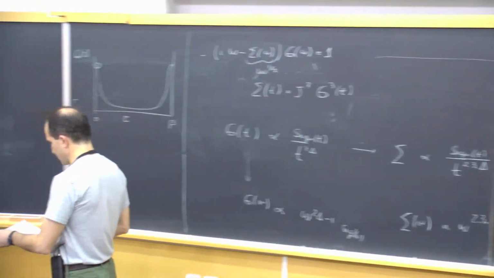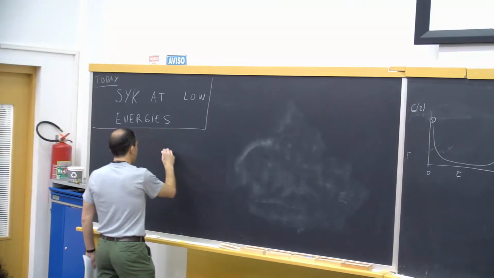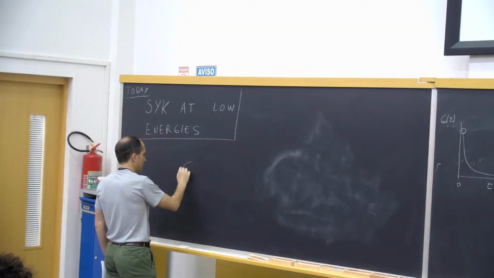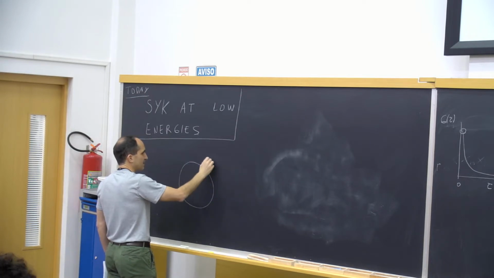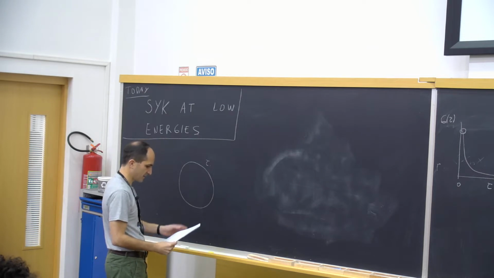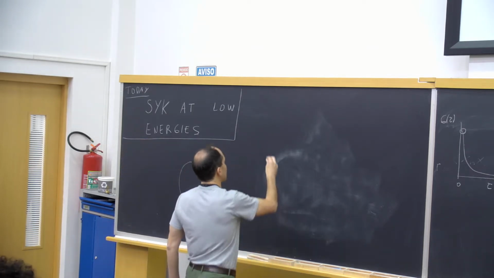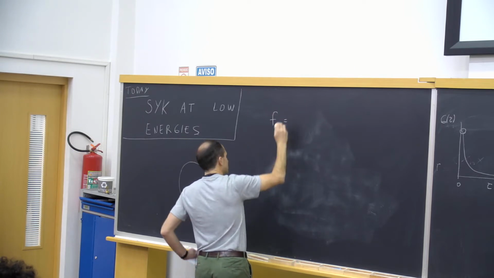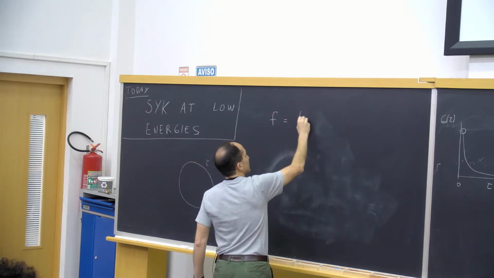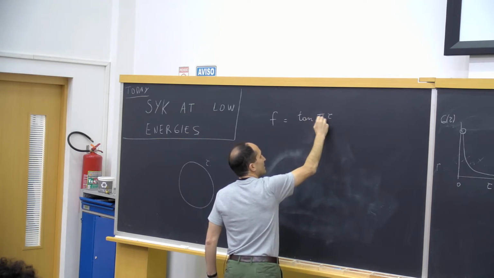Okay, so we have, let's imagine we're in Euclidean space, so that time, let's say, is periodic. Well, before doing that, let's notice that we can take an f. Let's pick this particular f, which is tangent of pi tau over beta.